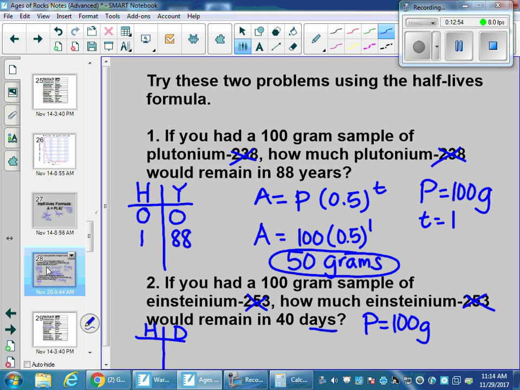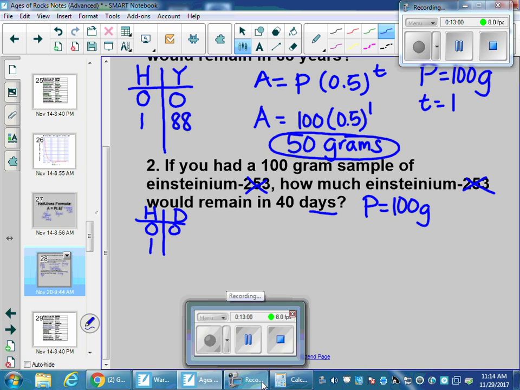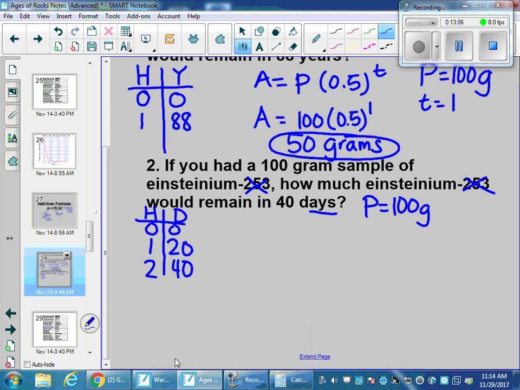So 0 half-lives, 0 days. 1 half-life would be 20 days. 2 half-lives would be 40 days, and that's as far as we're going there. So we have 2 half-lives. We know T is equal to 2. If we put that into our equation, A equals 100 times 0.5 to the second power.